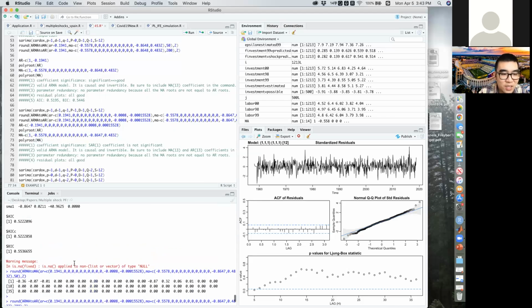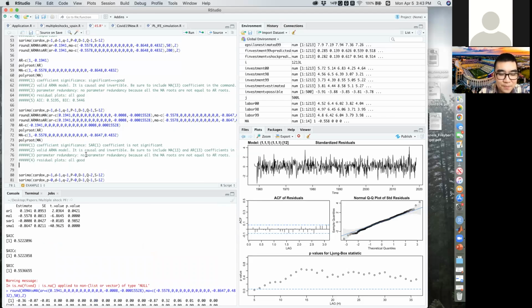And now let me write down the AIC and the BIC. So the AIC here is 0.5222, and the BIC here is 0.5536. Okay, you can easily see that the AIC and the BIC of this model number 3 are larger than the AIC and the BIC of model number 2. This actually makes sense, right?